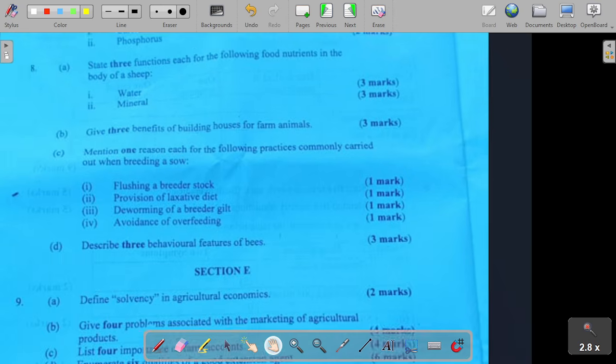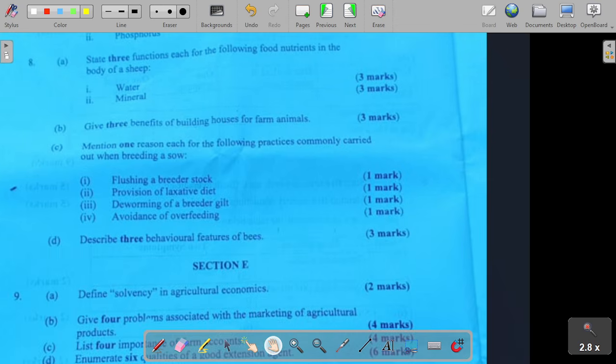So let's see 8B also. 8B says we should mention 3 benefits of building houses for farm animals. That's easy, to protect them.